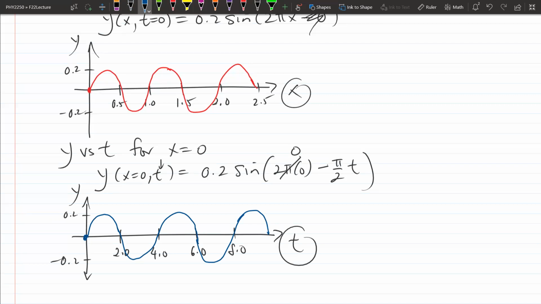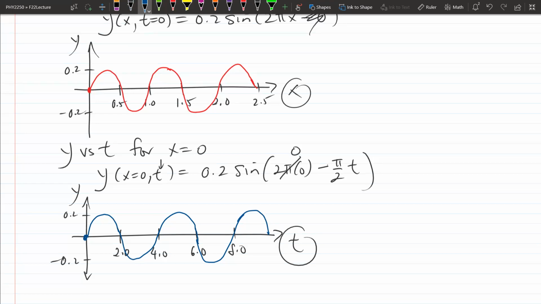So one is how the oscillation goes up and down as a function of time. So it's basically my arm going up and down. Let's do this physically. The blue one is representing, at x equal to 0, how my arm is moving up and down.